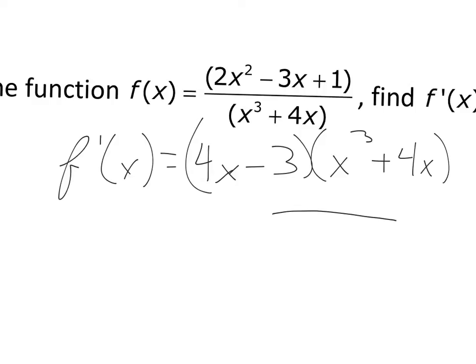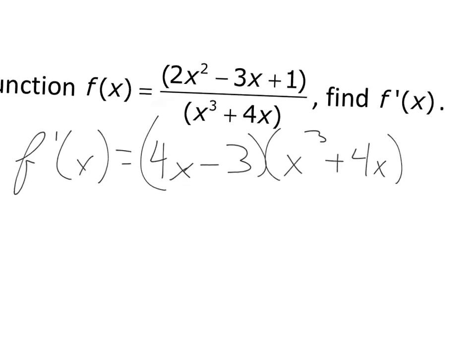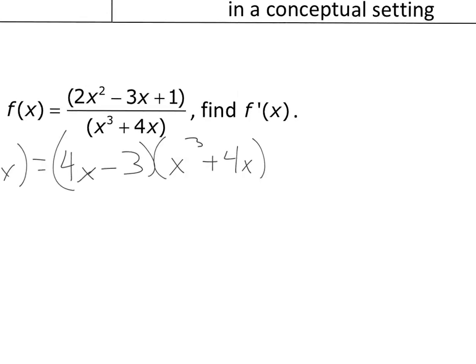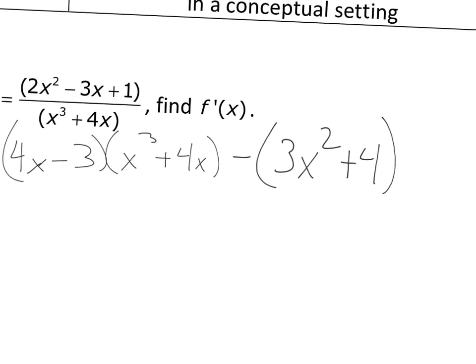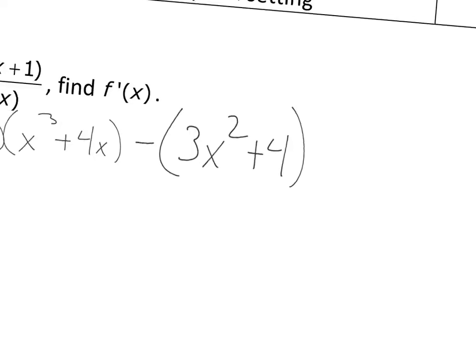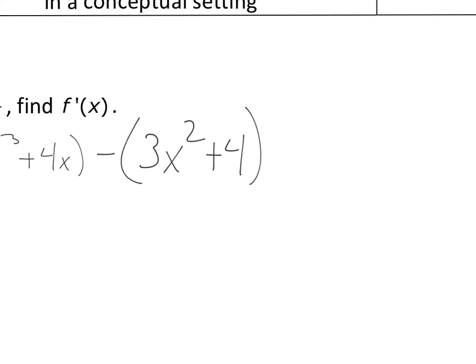We also saw, and this was important, that in order to use the quotient rule, we must do this in the correct order, taking the derivative on the top first, because we're going to end up doing subtraction. So we'll then take the derivative of the bottom, 3x squared plus 4, and multiply that by the expression on top, 2x squared minus 3x plus 1.